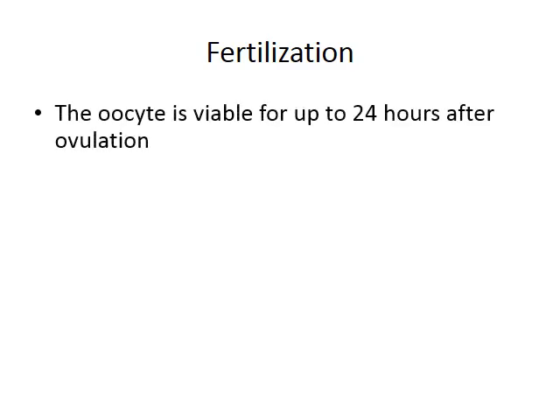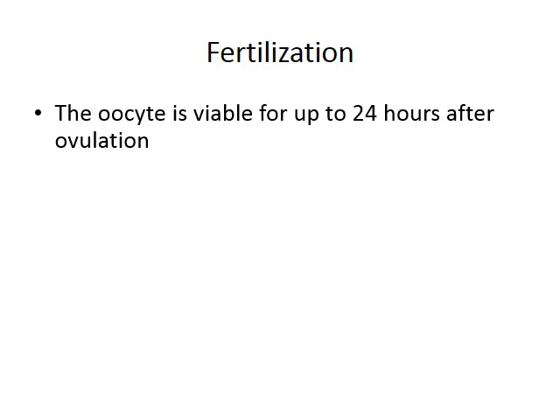So when it comes to fertilization, I want to just quickly bring up a couple things that we talked about in the last set of slides. Remember that when an oocyte is released from an ovary in ovulation, that oocyte is actually viable for only a short amount of time, up to 24 hours after ovulation, that oocyte is viable for fertilization.